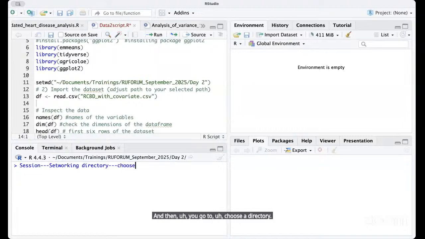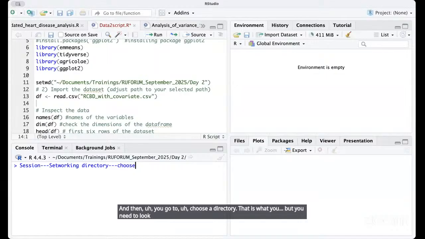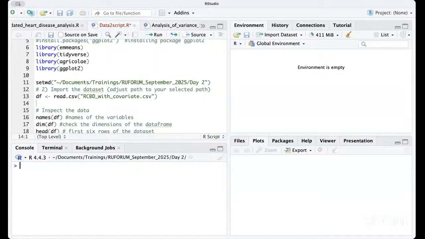You need to look up on top where the session is. So I go up here to session, I set working directory, I choose a directory.